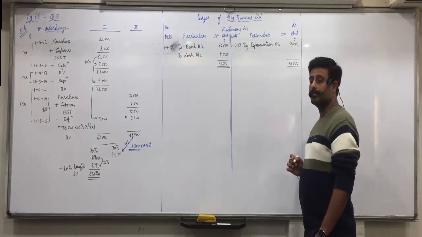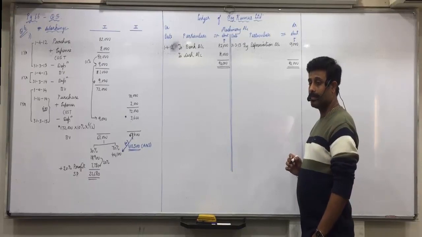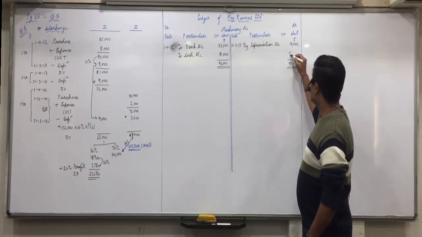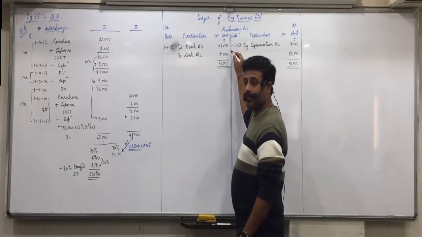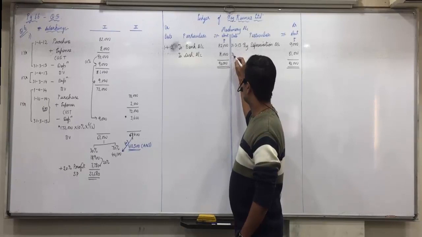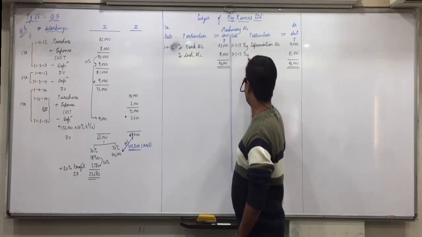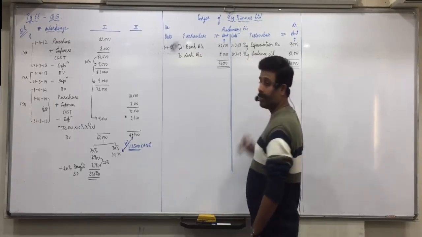So balance carried down 81,000, 90,000 minus 9,000, 81,000. Date 31/3/13 itself by balance carried down. So now, is everyone clear up till here?